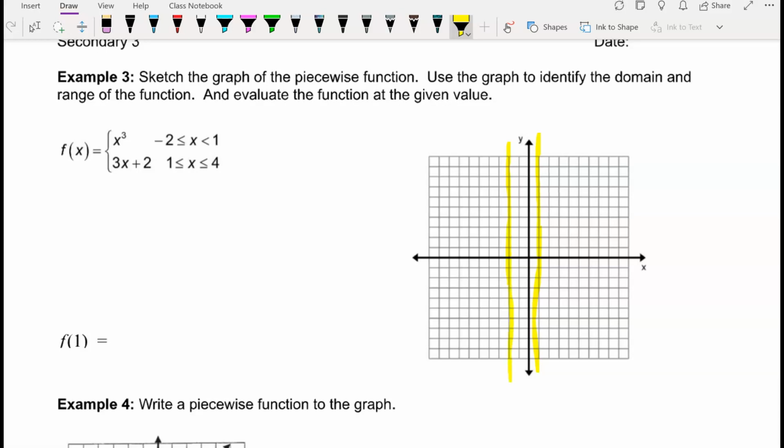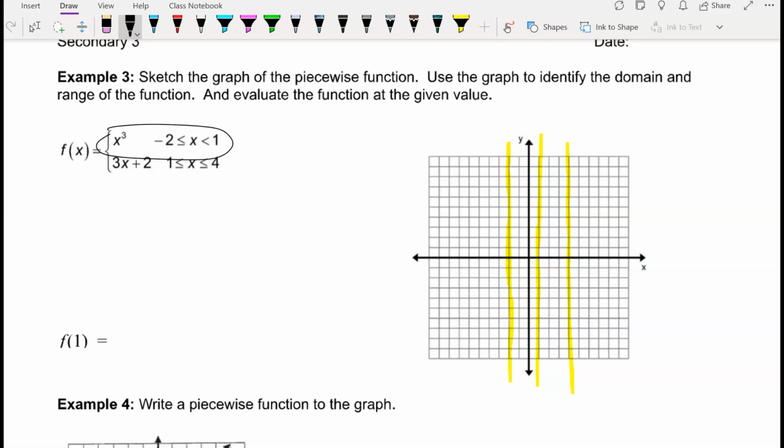And then from 1 to 4. So we're going to end our graph at 4.